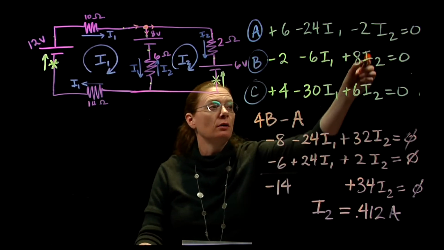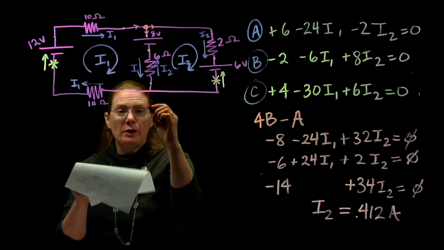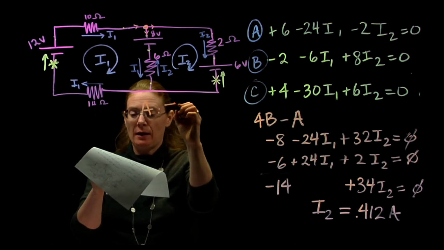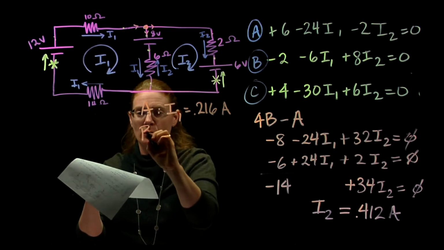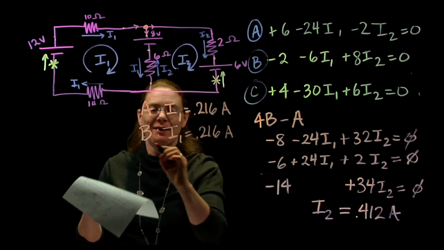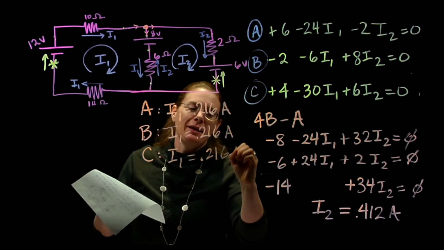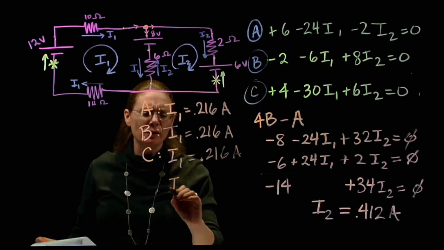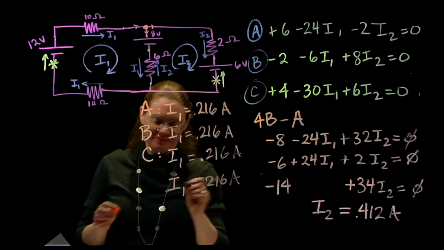Plug in I2 for all of these and solve for I1. When I did it, equation A, I got I1 equals 0.216 amps. With equation B, I1 equals 0.216 amps. And equation C, I1 equals 0.216 amps. So I'm pretty confident that I1 is 0.216 amps.